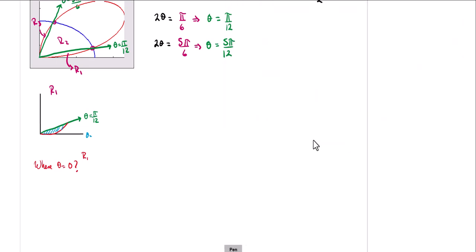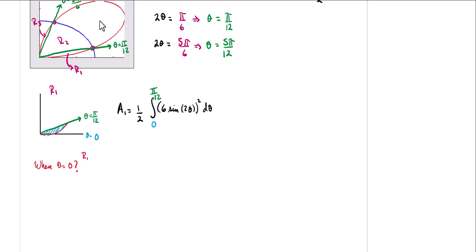So really then, it looks like we're going from the pole, theta equal to 0, and then going all the way till pi over 12. So for R1, the area is going to be given by 1/2 times the integral, as our angle is being spanned from 0 to pi over 12, and the r here is our rose function, which is 6 sine of 2 theta, squared, d theta.